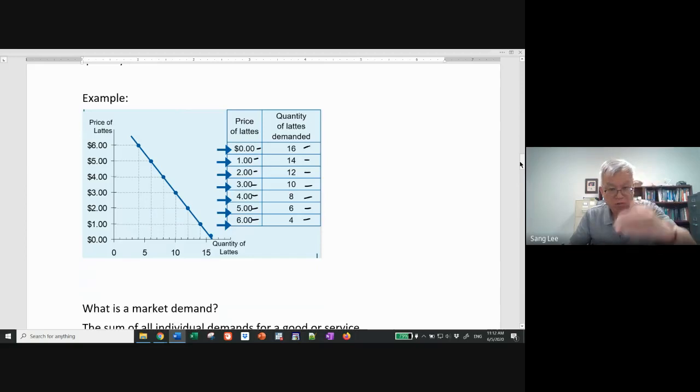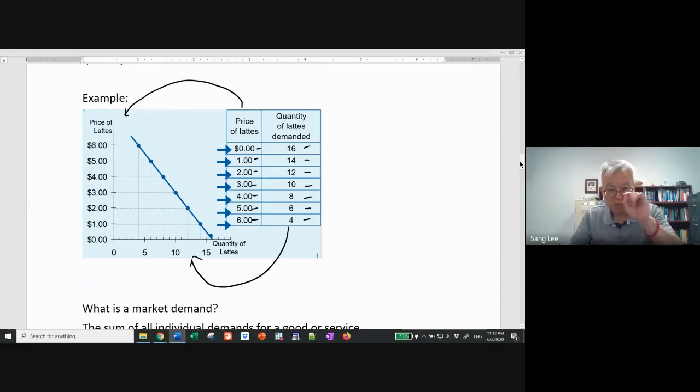As the price rises from 0 to 6, the quantity demanded drops from 16 to 4. So we copied the prices along the vertical axis, and we copied quantity demanded along the horizontal axis. So quantity demanded of lattes here.